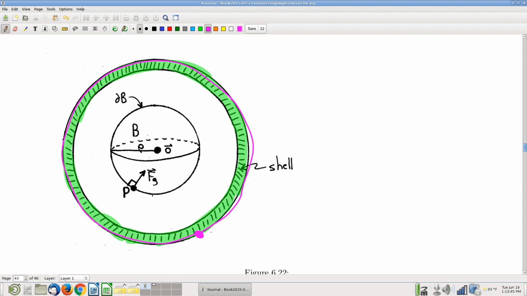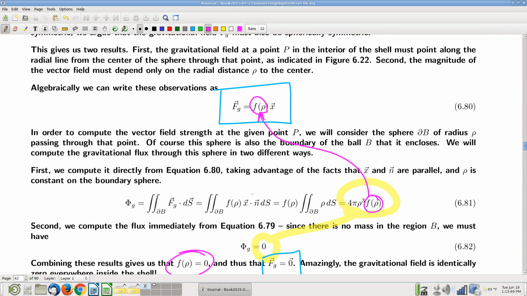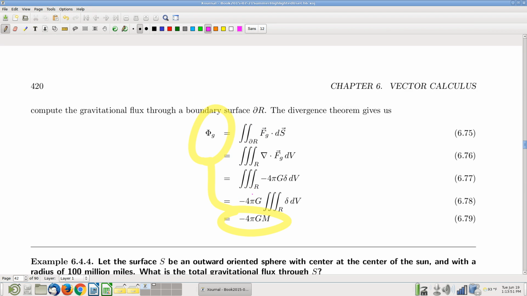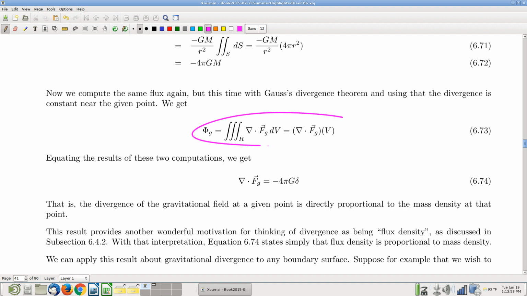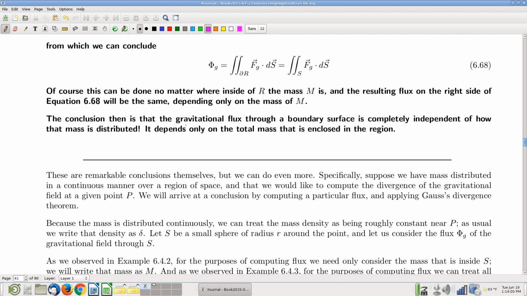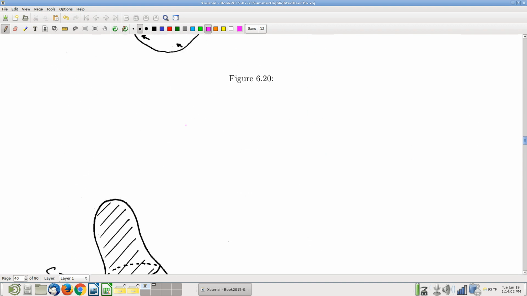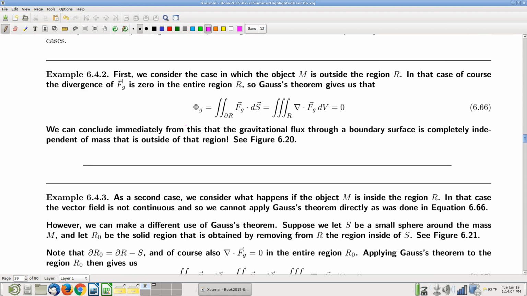Okay, so these are really cool arguments. Note the very heavy use that these arguments make of Gauss's divergence theorem, there for one thing, here for another thing. In both of these warm-up problems, the fact that we could ignore mass outside of the region uses Gauss's divergence theorem.